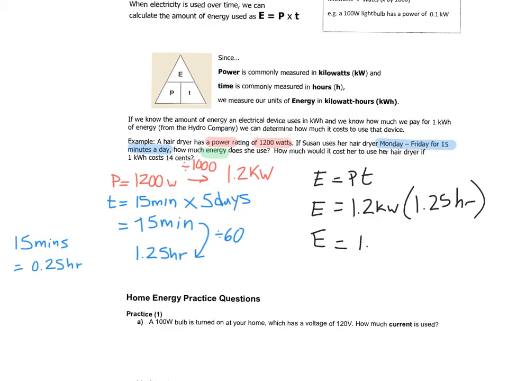So, using our energy formula, where energy is equal to power times time, our energy is equal to 0.12 kilowatts times time, which is 1.25 hours, gives us an energy of 0.15 kilowatt hours.